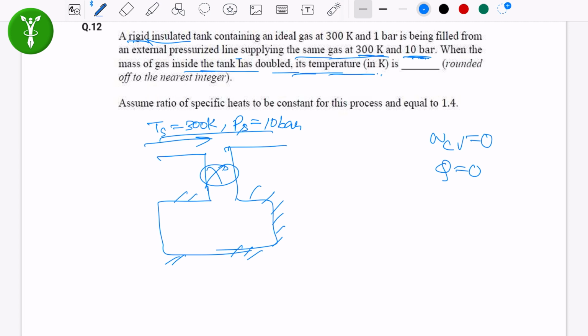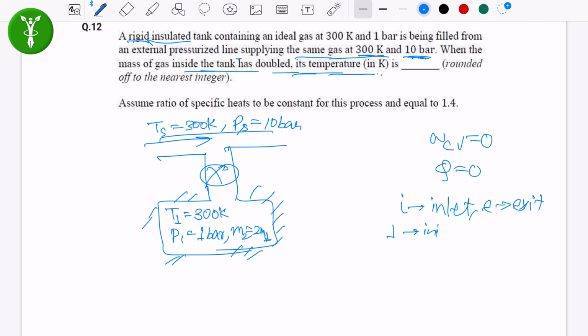This is insulated, and here the initial temperature is at condition 1, the initial tank condition, and P1 is 1 bar, and M2 is equal to 2M as given, at condition 2. Here we have to be very careful with the notation. I is inlet, E is exit, 1 is the initial condition of the tank, and 2 is the final condition of the tank.